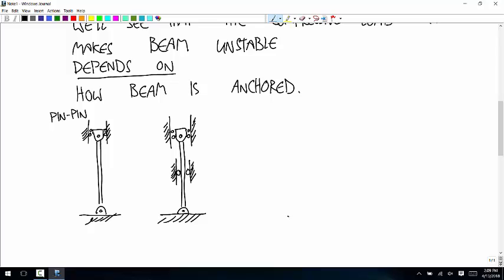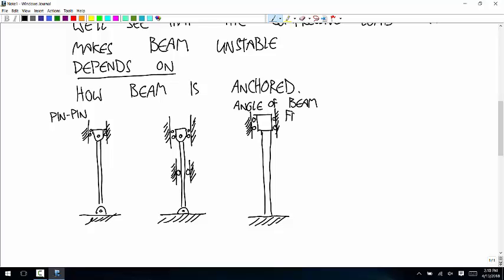And then we'll do a case where it's fixed at the base and the angle is fixed at the other end. So for this one, the angle of the beam is fixed at both ends.